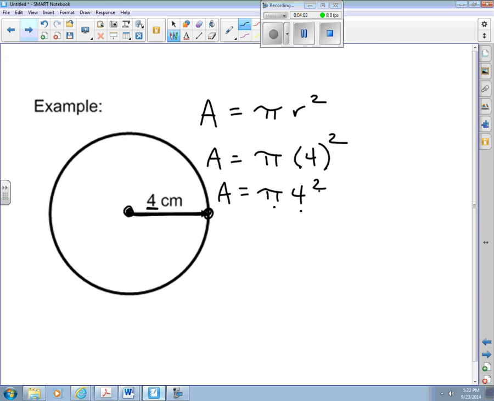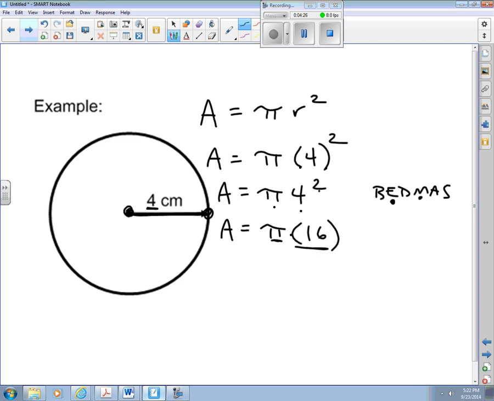And you have to ask yourself, well, according to BEDMAS, what happens first? Well, the thing that happens first is the squared, the exponent, then the multiply. So this is really pi times 16. And again, I'm just using a bracket here to show that I know that it's a multiply, because if there's nothing between this symbol and this bracket, I know that means multiply.